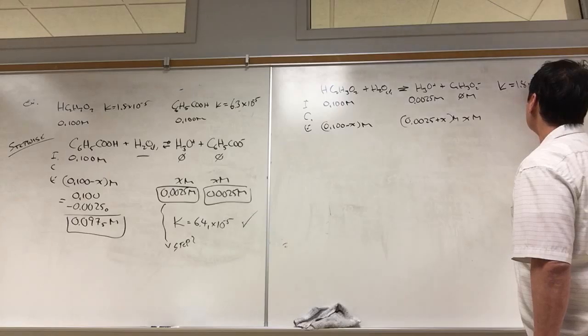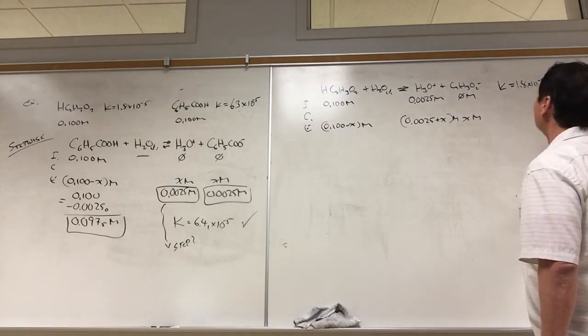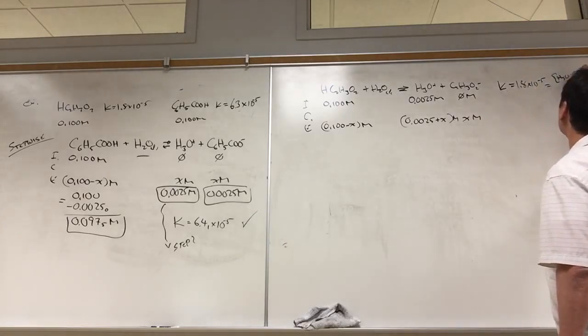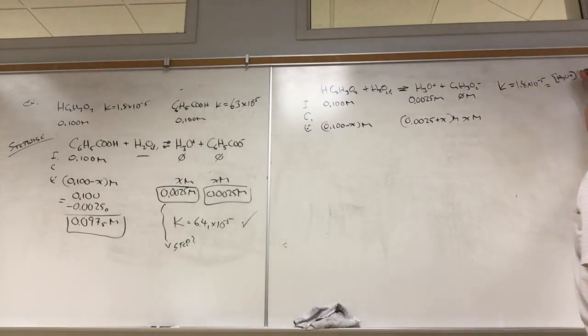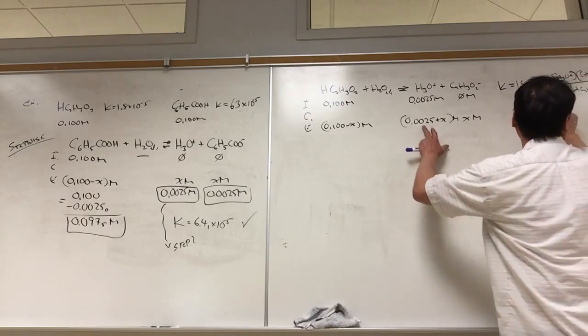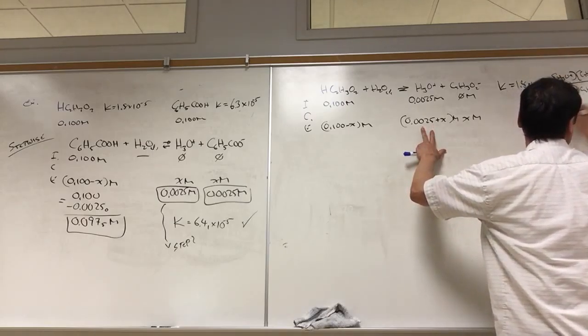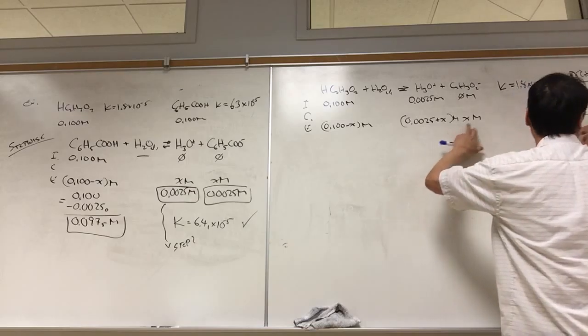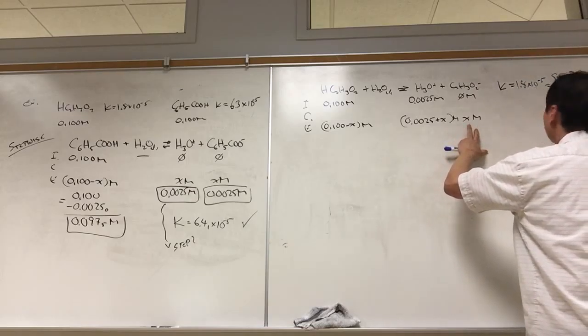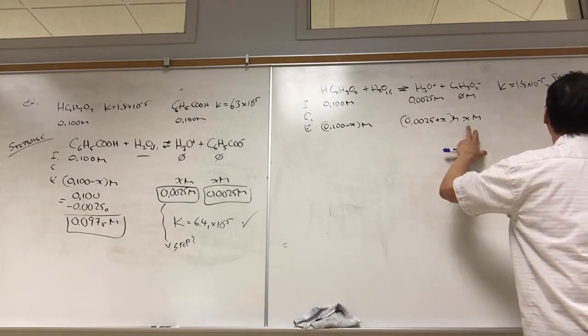K equals 1.8 times 10 to the minus 5, which is equal to the hydronium times the acetate divided by the acetic acid. It's going to give 0.0025 plus x times x divided by 0.100 minus x.